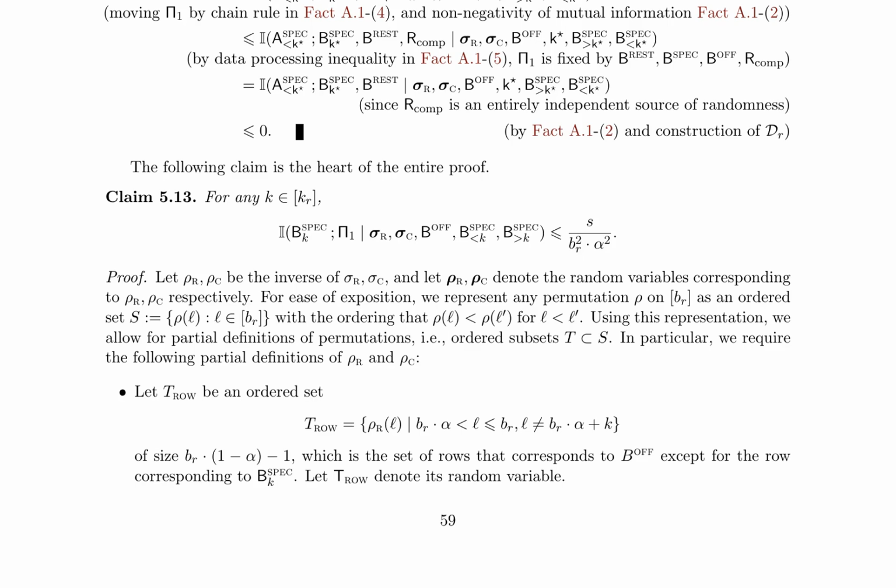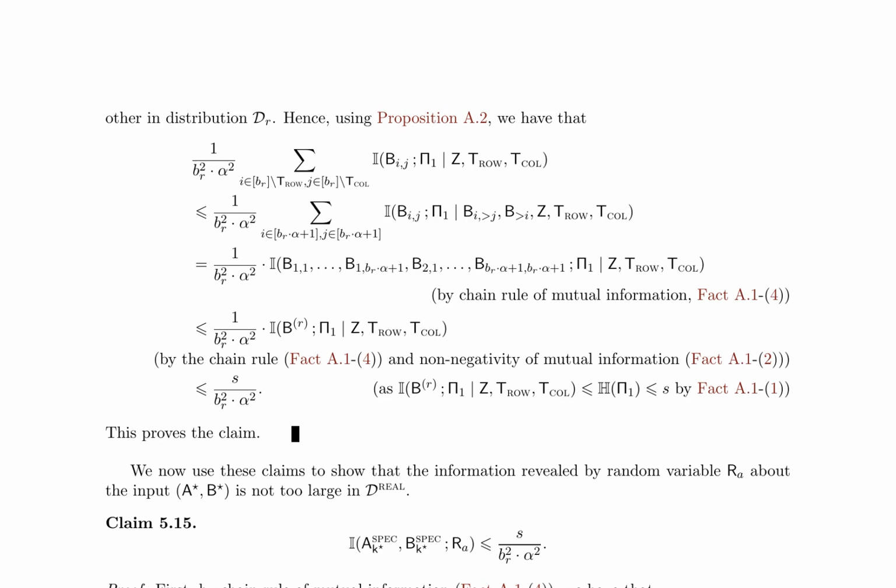Claim 5.14 states that the distribution of bspec_k is independent of the permutations rho r and rho c conditioned on t_row, t_col, rho r of br alpha plus k, and rho c of br alpha plus k.